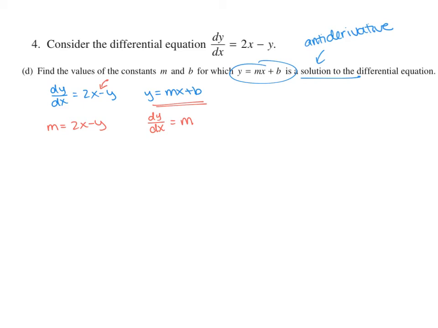We're still a little bit stuck here because now I kind of have three variables: I have m, I have x, and I have y. Not particularly helpful, but we can get rid of one of these. We can get rid of the y, making another substitution. We know y equals mx plus b, so let's substitute that in.